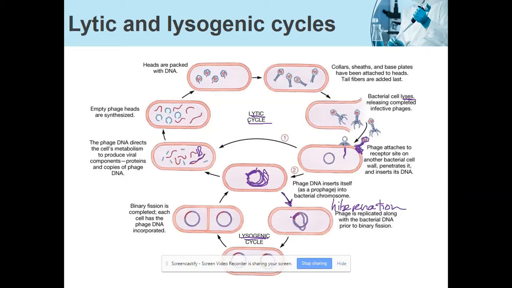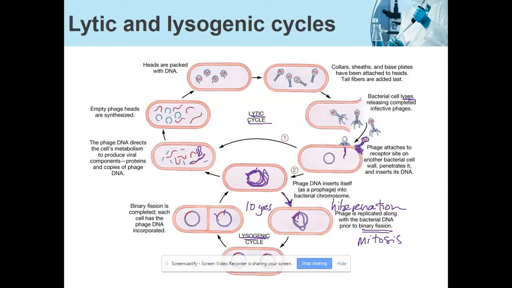We're not using the virus DNA to make proteins or virus pieces yet. But the cell with the virus DNA gets bigger, and then it makes babies. If it's a bacteria, it goes through binary fission. If it's one of our cells, it goes through mitosis. We are making more cells. The cell is growing and dividing, and every one of the resulting cells has copies of the virus DNA. HIV is particularly bad because HIV can sit in this lysogenic cycle for years, 10 years.